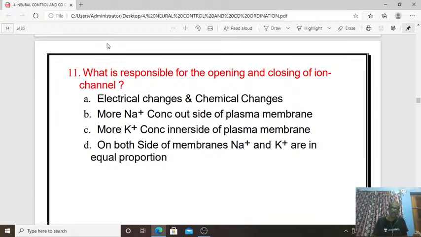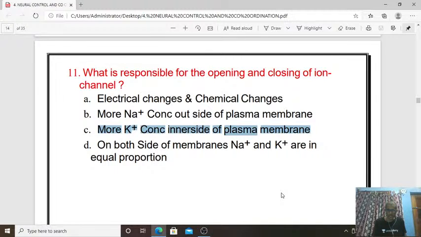To generate the action potential, permeability will be there and movement of ions happens. Among options A, B, C, D, the answer is C: more potassium concentration on the inner side of the plasma membrane at the initial level. That will cause the opening of the ion channel.